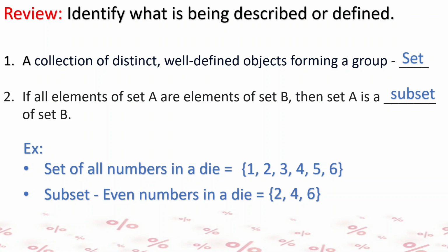So basically, when we include all the possible outcomes, we call that a set. And when we only choose a few of the outcomes out of all outcomes that are possible, we call that a subset. And that's way back when we were talking about sets. Now we are just going to have other terminologies related to probability, but the concept is the same.